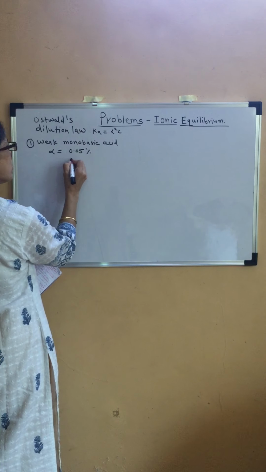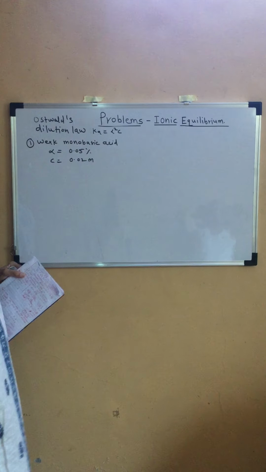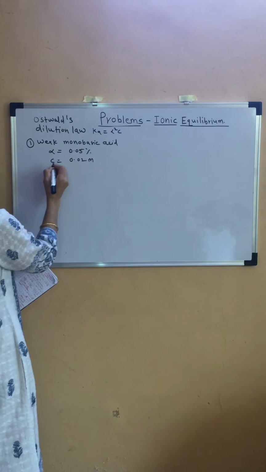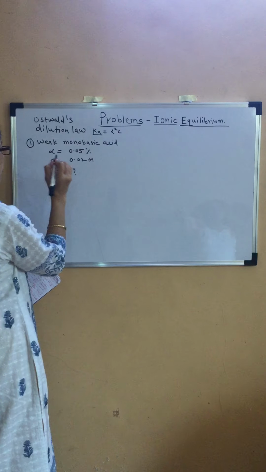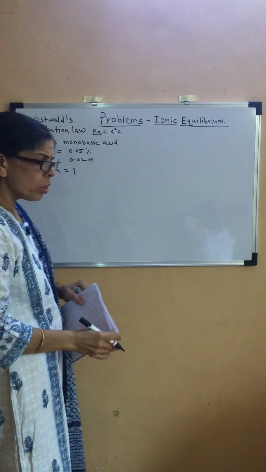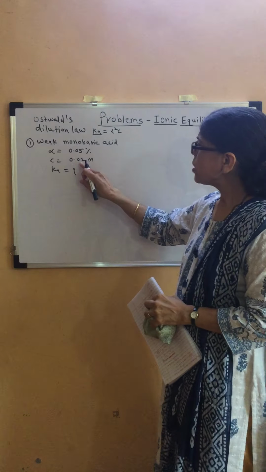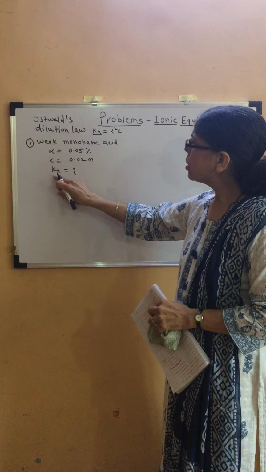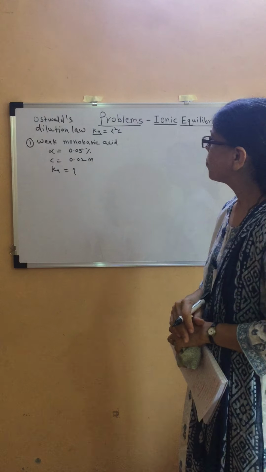So what is 0.02? Concentration. In 0.02 molar solution, calculate the dissociation constant of the acid, Ka.